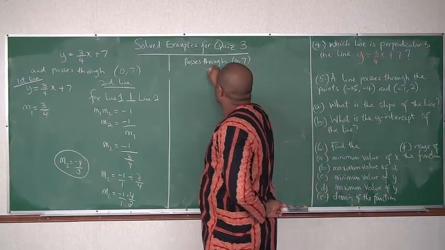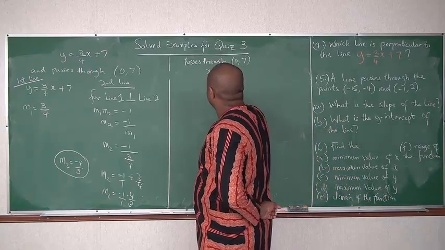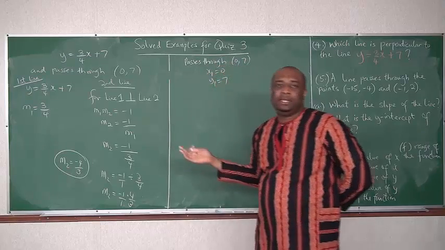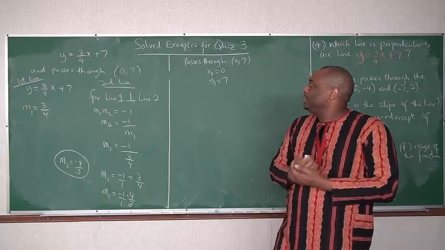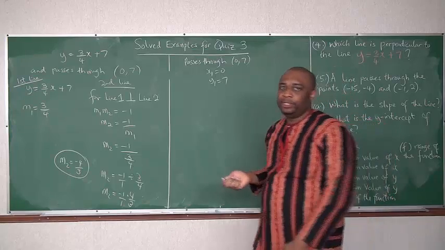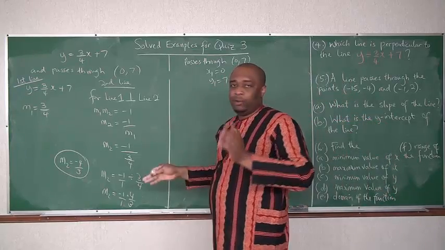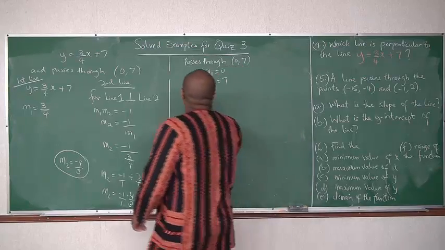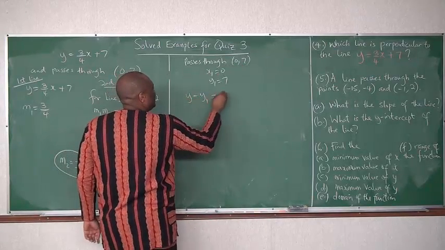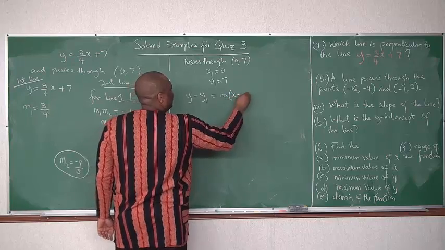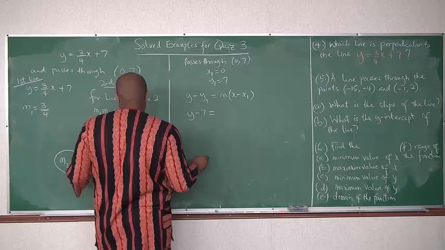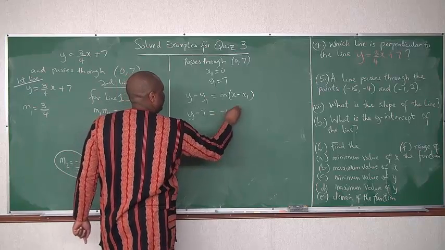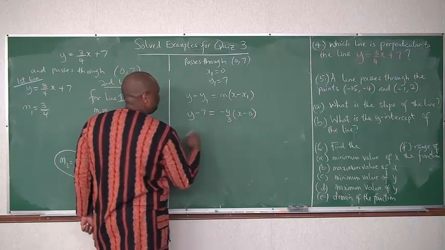Our x1 is 0, our y1 is 7. Then we have the slope, so we can use the point slope form right away, because we have the point and we have the slope. So this will be y minus y1 is m times x minus x1. So this is y minus 7 equal to negative 4 over 3 times x minus 0.